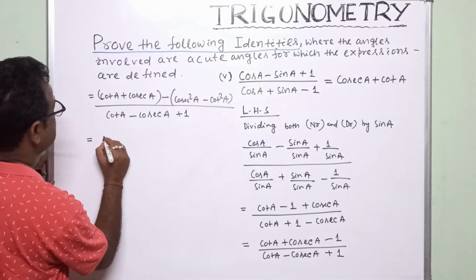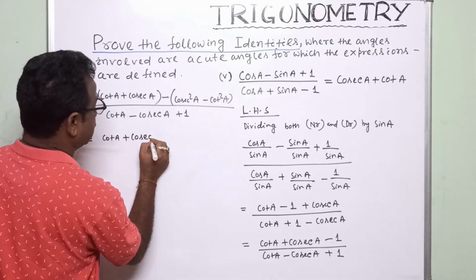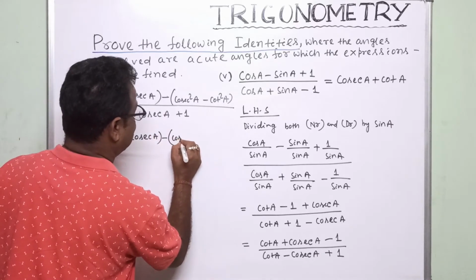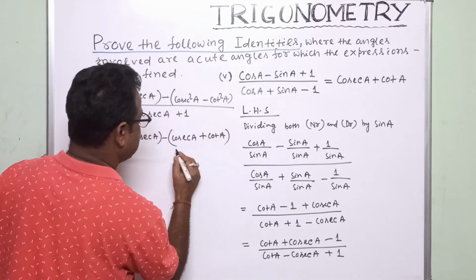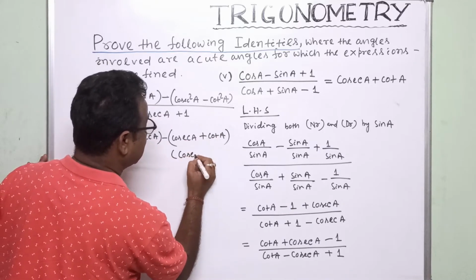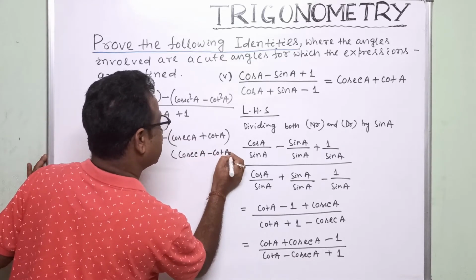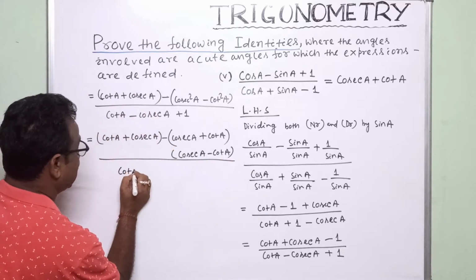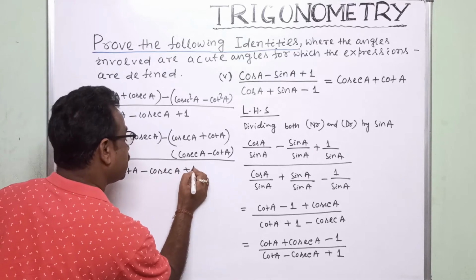That is equal to cot A plus cosec A minus (cosec A plus cot A) into (cosec A minus cot A), whole divided by cot A minus cosec A plus 1.